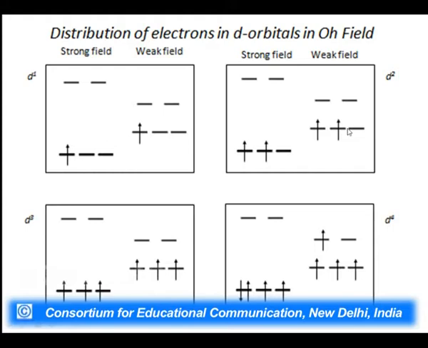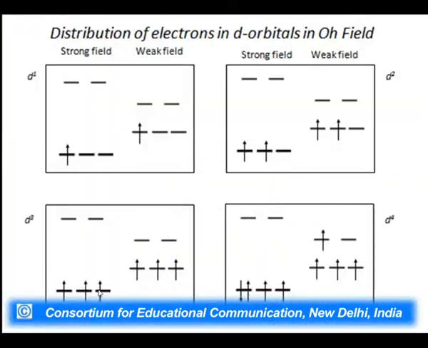Similarly, for d3, so from d1 to d2 to d3 configuration, what we are seeing from the diagram is that whether it is a strong field ligand or a weak field ligand, all three electrons are going to occupy the t2g set of orbitals and the eg remains vacant.